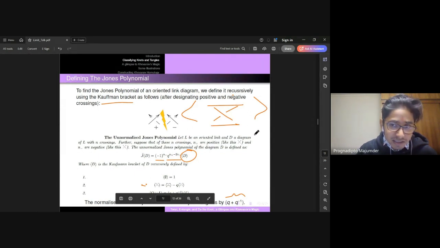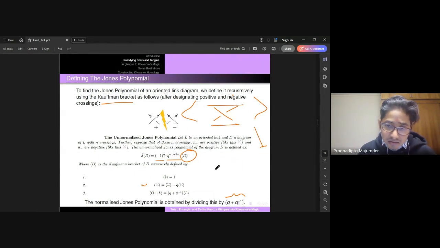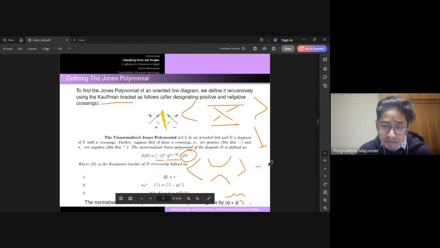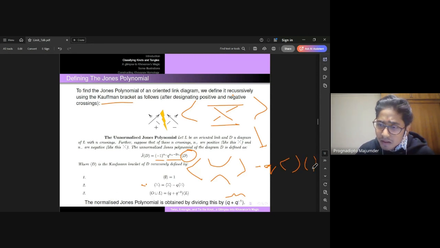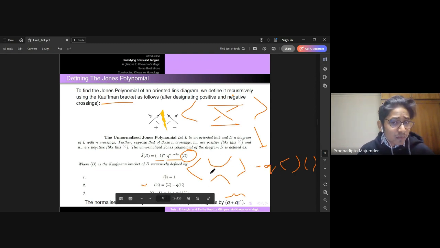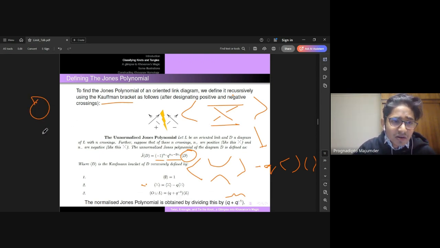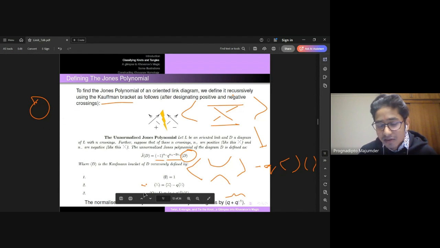You are changing this crossing. You smooth out this first one, the rest of the diagram remains the same, minus q times what you get from the other smoothing, with the rest of the diagram the same. You keep simplifying the bracket until you get a diagram with no crossings and only circles. For circles, you remove a circle from the bracket and multiply the polynomial by q plus q inverse. Those are all the rules, nothing more.